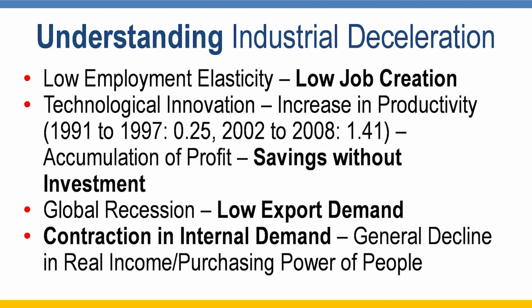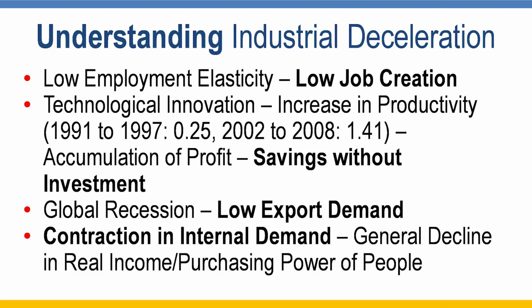So that's one reason: the low export demand coming from outside due to the global recession since 2008 is one explanation that has been offered to understand the industrial deceleration that we have seen in this discussion.